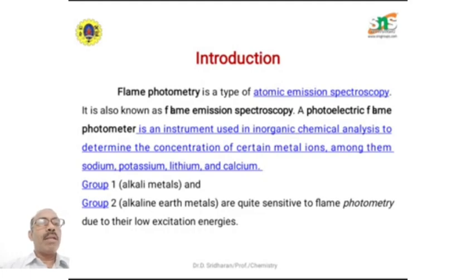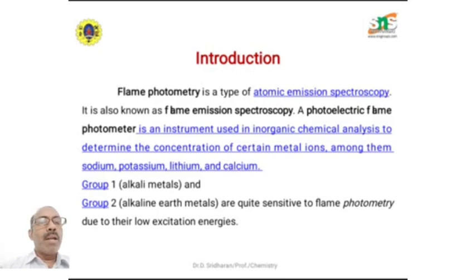The flame photometer is an instrument used in inorganic chemical analysis to determine the concentration of certain metal ions. Especially, we analyze alkali metals and alkaline earth metals like sodium, potassium, lithium, and calcium.